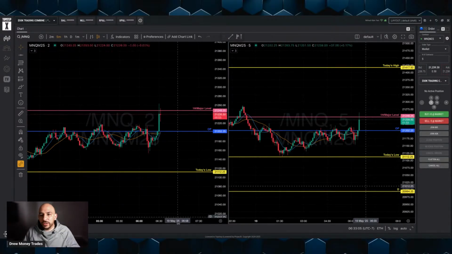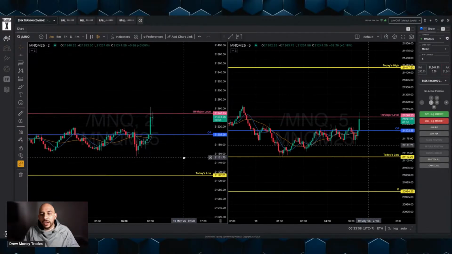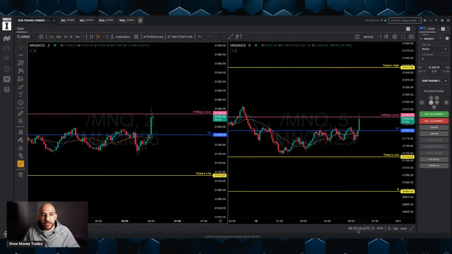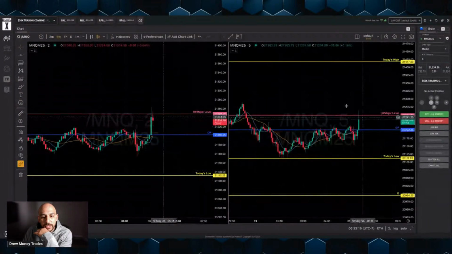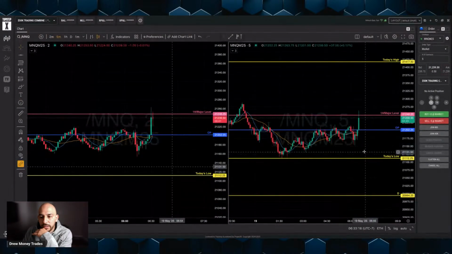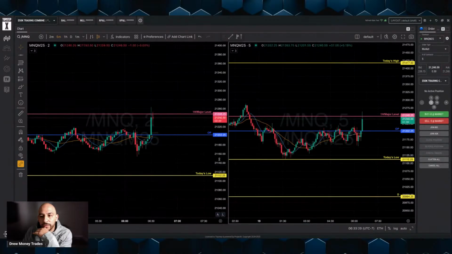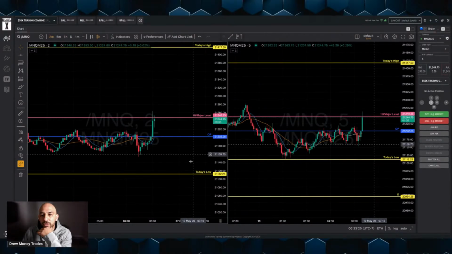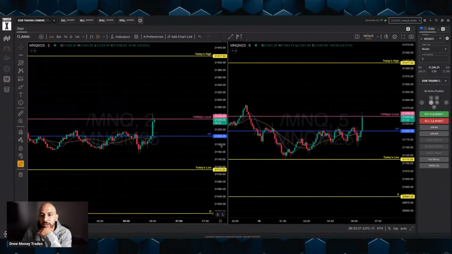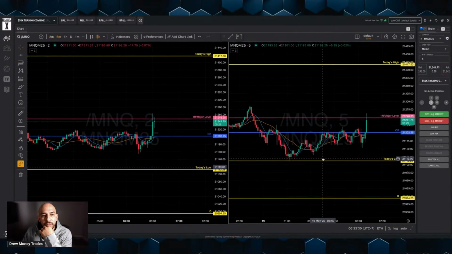So as of right now, like I said, there's nothing yet. I wait my time zone. I wait till the first 5-minute candle closes, which is right here. And I have my levels, so I know what I'm looking for. But this is what I'm seeing.